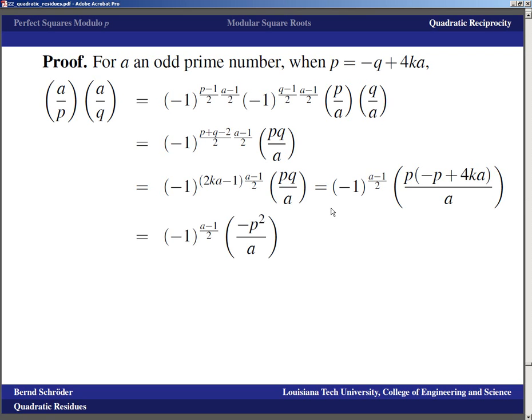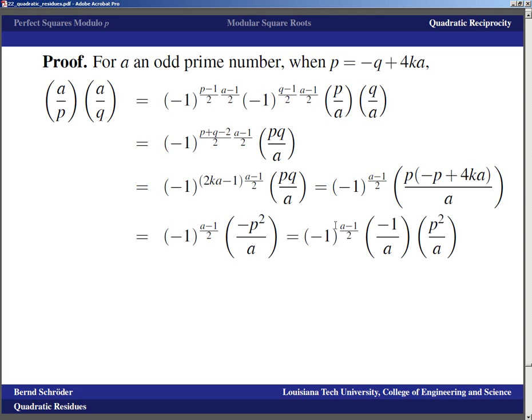And we realize that when we multiply it out, it's −p² plus a multiple of a, which means these two are equivalent modulo a, and that means I can drop off the stuff that I've added, and so this is just (−1)^((a−1)/2) times the Legendre symbol of −p² over a.